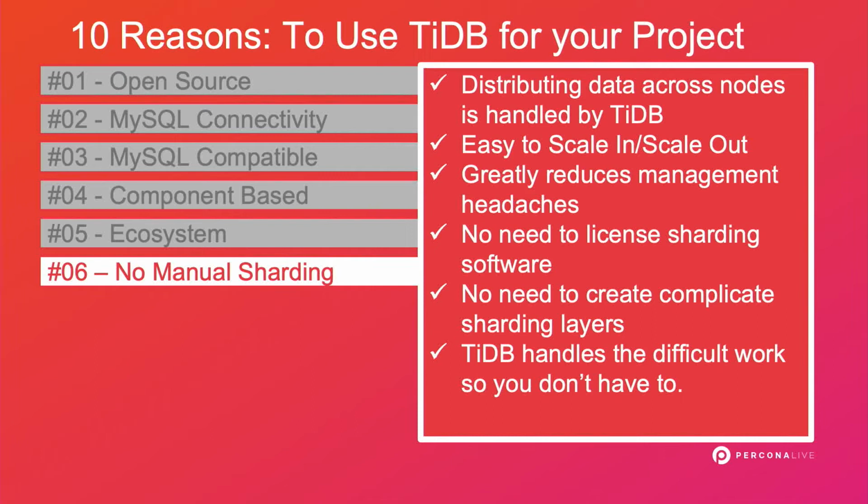And then PD can handle moving those regions between TiKV nodes to make sure everything's balanced. So if too many regions on one node are hot, PD will notice that, and it will move some of those to other nodes. Or if there are too many hot leaders on a specific node, PD can influence Raft to perform leader elections and move the leader role to another node to balance the leaders across other nodes.